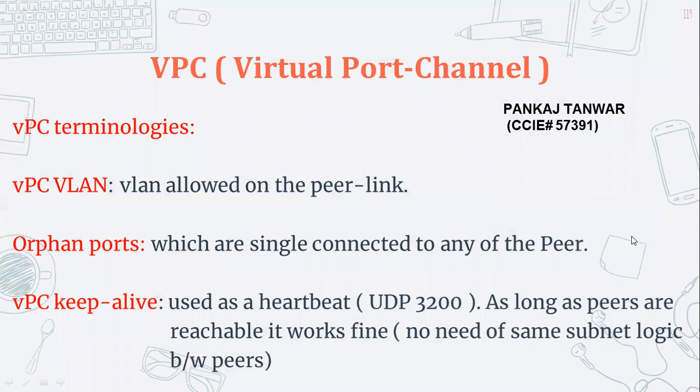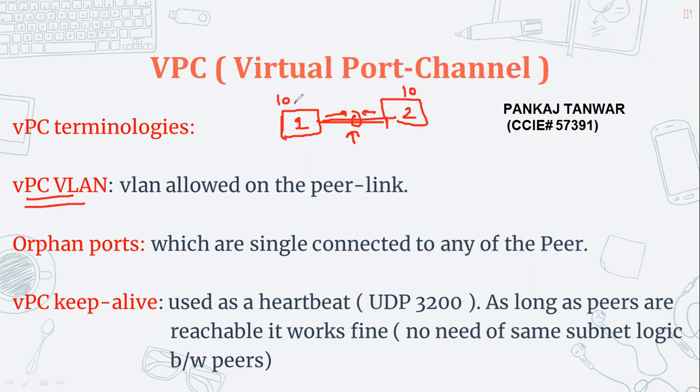Next is the VPC VLAN. VPC VLANs are the VLANs that are allowed on the peer link. Okay. What it means is, let's say you have your peer devices 1 and 2. If you create VLAN 10 here and VLAN 10 here, that VLAN will be allowed on the peer link, right? So a VPC VLAN is a VLAN which is available on both of your devices and is also allowed on the peer link.